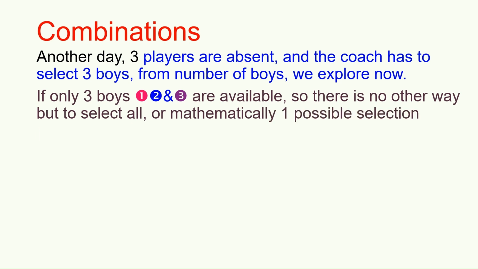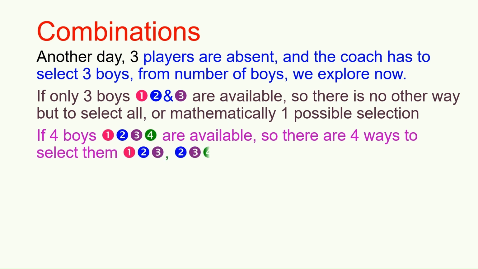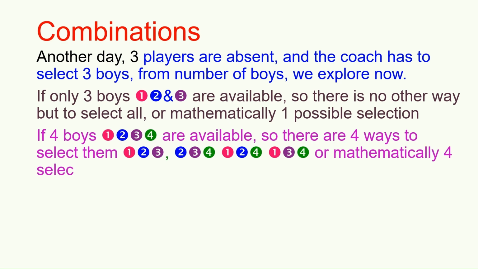If 4 boys numbered 1, 2, 3 and 4 are available, there are 4 ways to select them: 1, 2, 3; 2, 3, 4; 1, 2, 4; 1, 3, 4, or mathematically 4 selections possible.